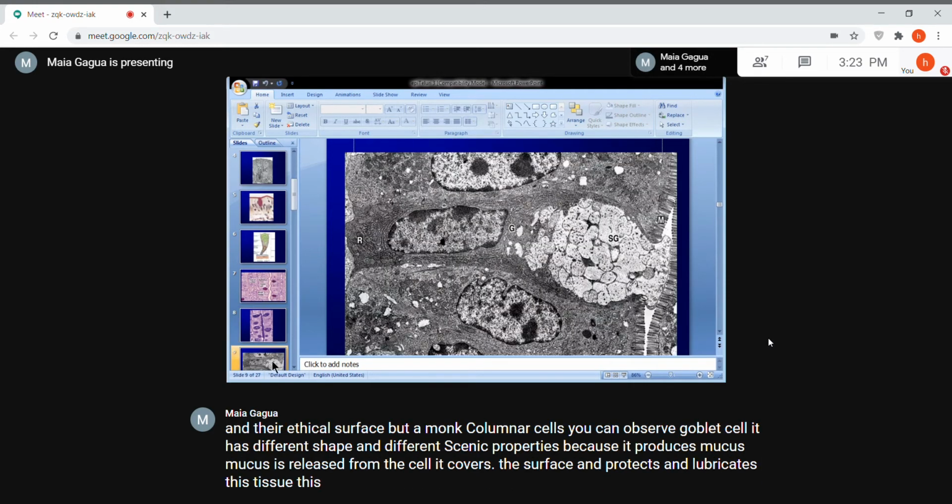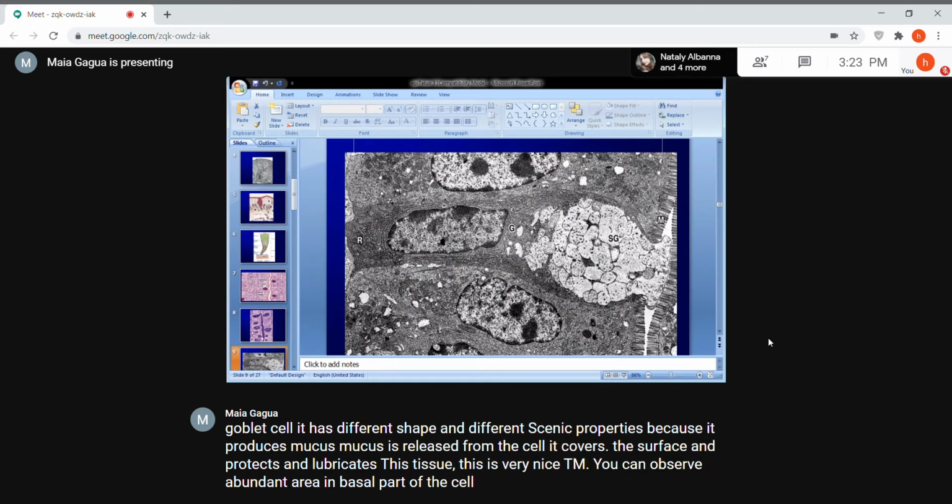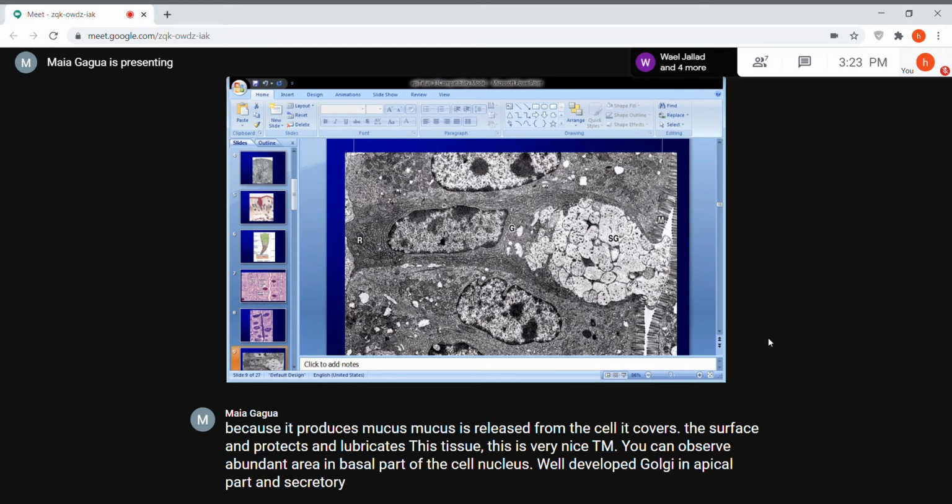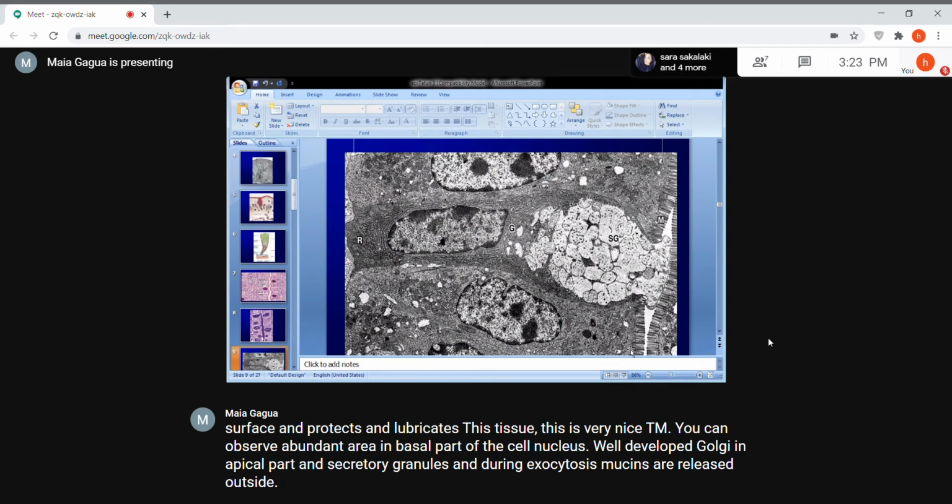This is a very nice TEM. You can observe the nucleus in the basal part of the cell, well-developed Golgi in the apical part and secretory granules, and during exocytosis, mucins are released outside the cell. The neighboring cell is a columnar cell.